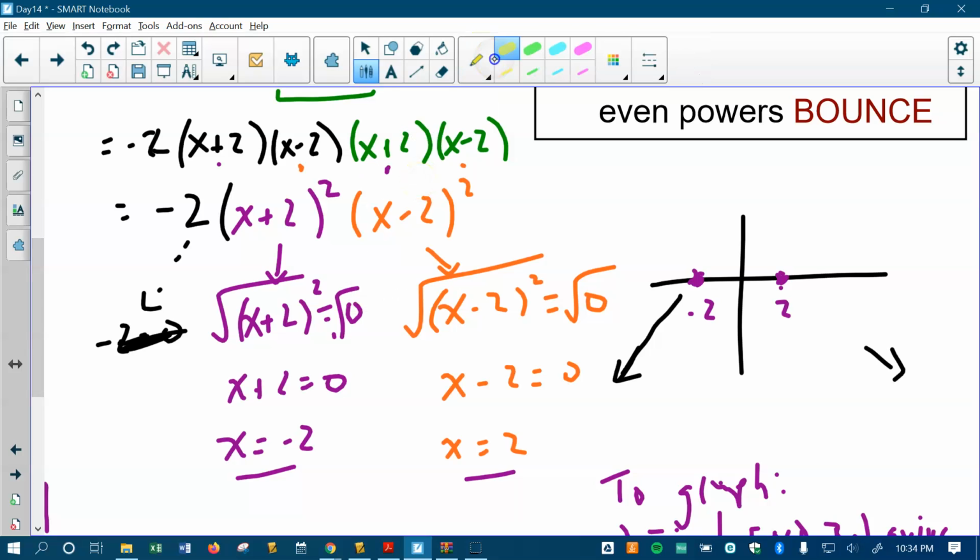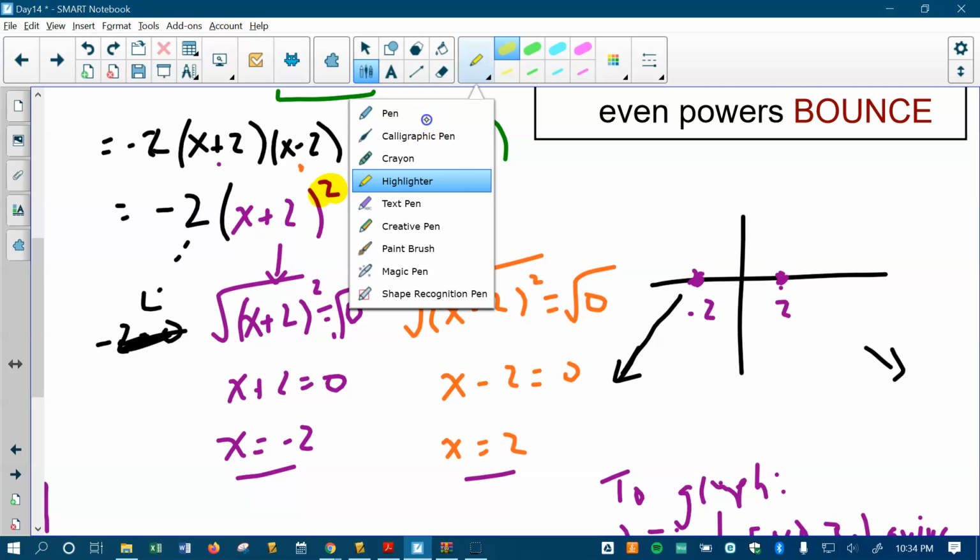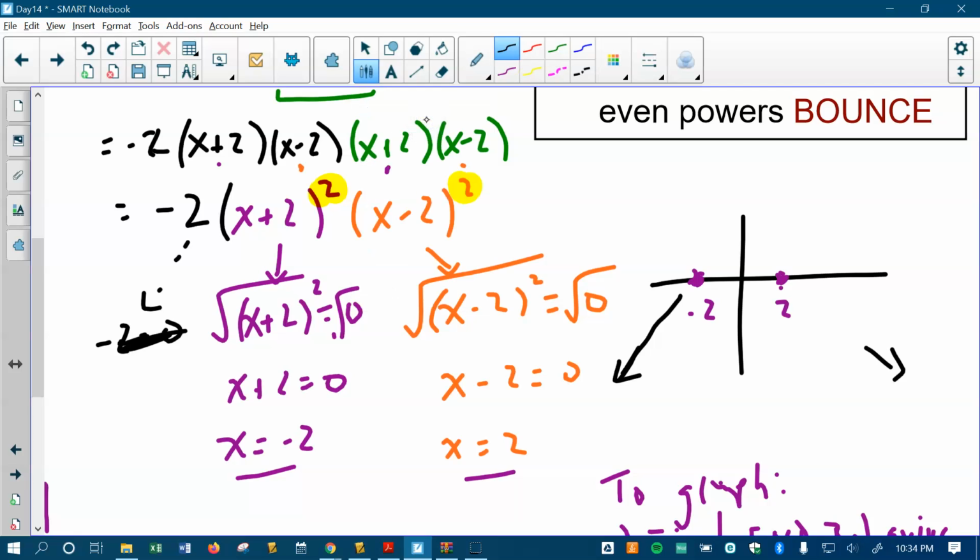What's a factor? Great question. So this is the exponent of each factor. First factor is x plus 2, second factor is x minus 2. If you have an even power for a factor, you bounce. And at this point, we're going to bounce. And at 2, we're going to bounce. Why are we bouncing there? Because we had a factor of 2 for each of those roots.